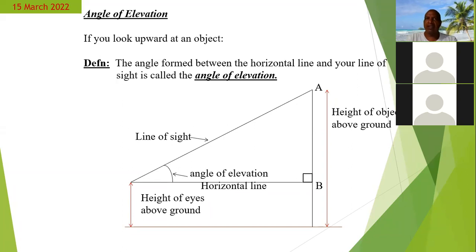That instrument is known as a theodolite, and it has an eyepiece like a telescope that you look through. When you use that eyepiece, you can measure the angle from the horizontal line. That would give you the angle of elevation depending on what you're looking at through that theodolite.